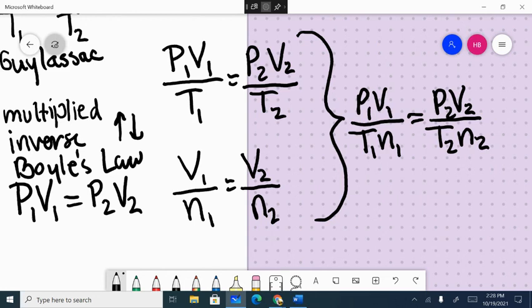Volume is inversely related to pressure, but directly related to temperature and number of moles. So if two things are multiplied in a formula, they are inversely related. That means you can expect as one goes up, the other goes down. If they are divided in a formula, you can expect as one goes up, the other one will also go up.